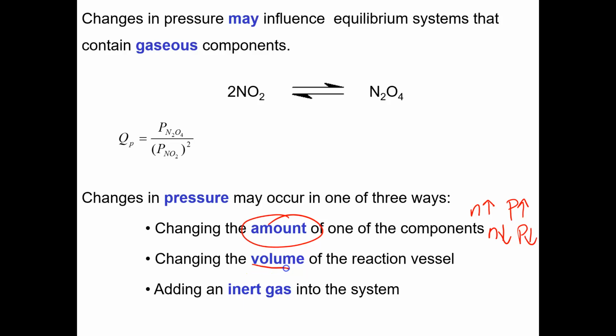We can also change the volume of our reaction vessel, and as volume goes down, pressure goes up, and vice versa. Or we could add an inert gas to the system, and again, the more gas that we add, the greater the pressure will be.